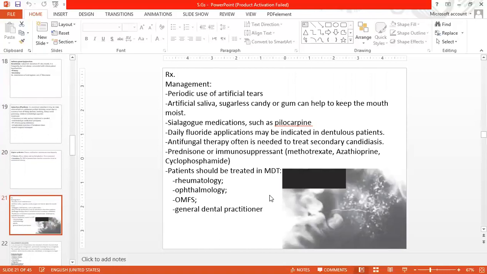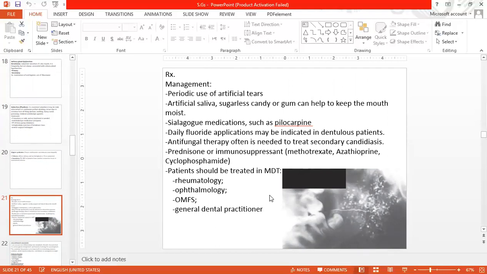For the management of xerostomia, first we have to use periodic artificial tears and artificial saliva to keep the mouth moist. Also, we have some drugs like pilocarpine, and daily fluoride application to decrease the incidence of carious lesions. Also antifungals, because as you know, one of the functions of the saliva is to wash out any viral, fungal, or bacterial infections, so we can start with antifungals.